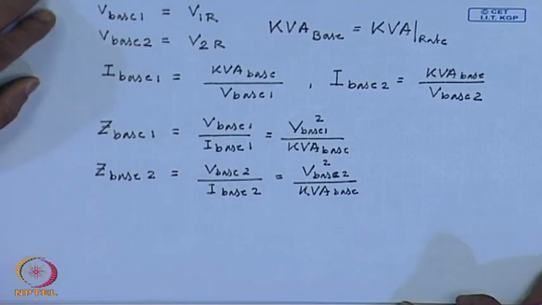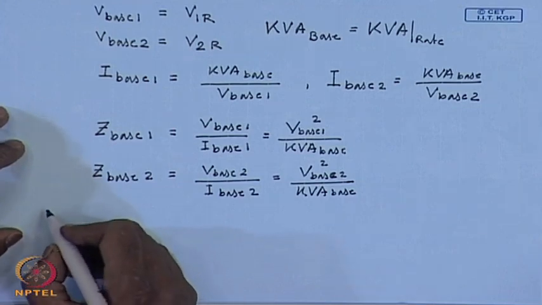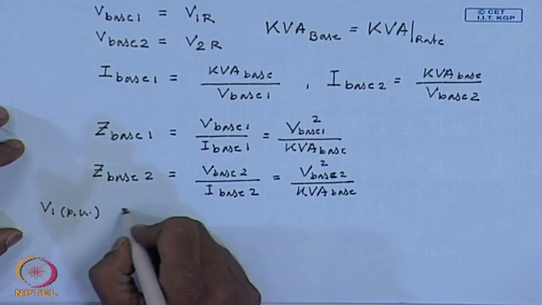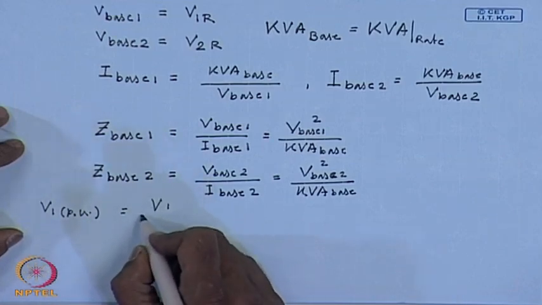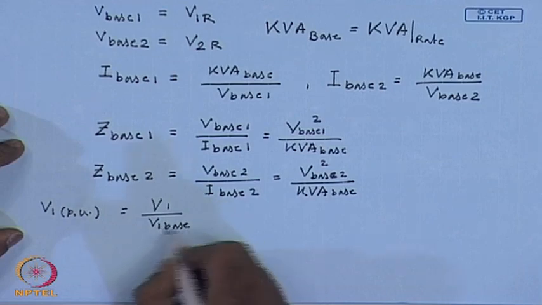Once we define these base quantities, a voltage in per unit can be written as V 1 in per unit equal to the actual value of V 1 divided by V base 1.